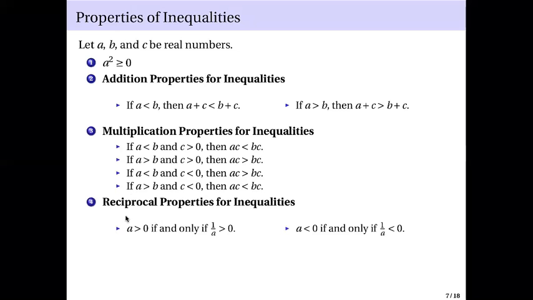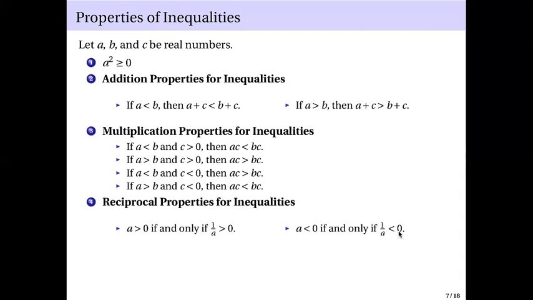Now, another property, the reciprocal properties for inequalities. A is greater than 0 if and only if 1 over A is greater than 0. And then A less than 0 if and only if 1 over A is less than 0.